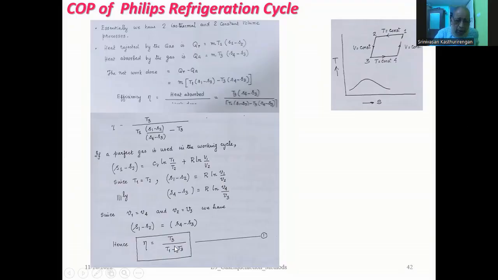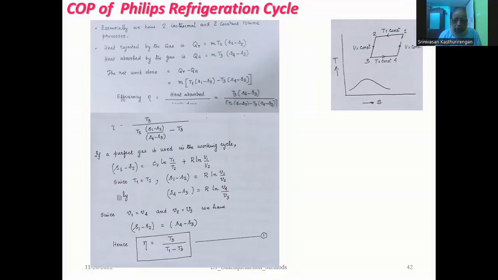Similarly, for S4 minus S3, the temperature again is constant. So the first term is 0, and S4 minus S3 is equal to R into ln V4 by V3. Let us see some interesting things here. V1 is equal to V4 and V2 is equal to V3 because we are considering constant volume processes.